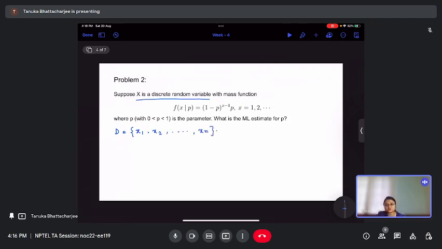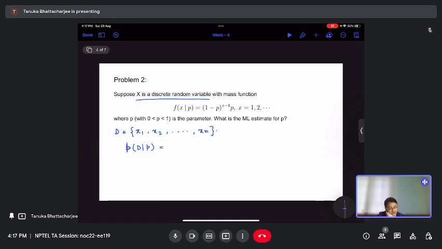This constitutes the data set D. So the first step in estimating the ML estimate of p is to find the likelihood of this particular data set. That is, we denote that by probability D given p. Here we are using the notation given p, since p is the parameter. Given p, the distribution is specified. So we are estimating the probability of the data set D given the parameter is p.